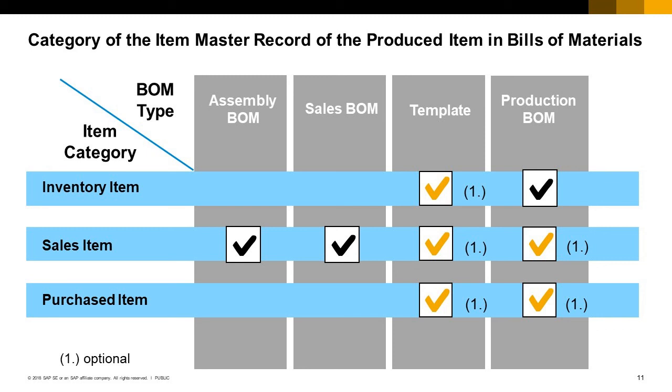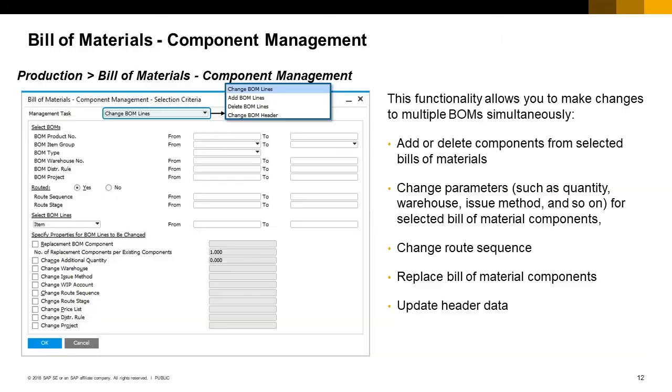The components can also have each of the three categories: purchased, sales, and inventory items, and can also be purchased or sold individually. The components for sales BOMs and assembly BOMs must be sales items. The Components Management window allows mass changes in multiple existing bills of materials simultaneously.